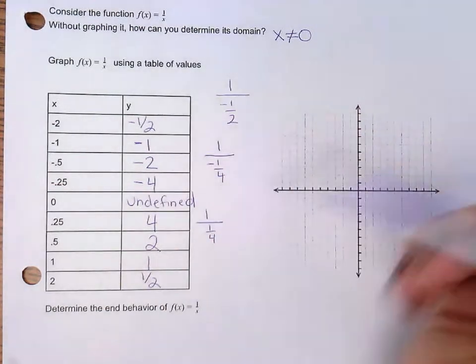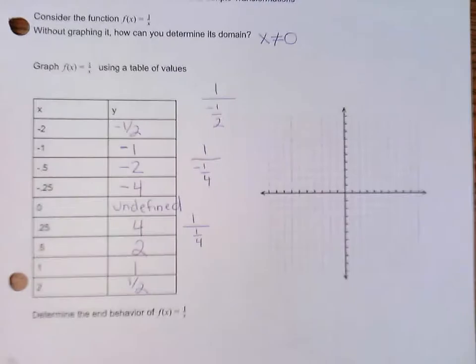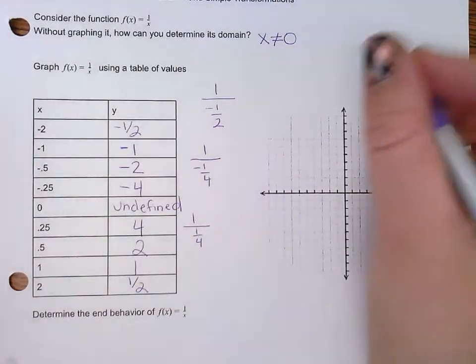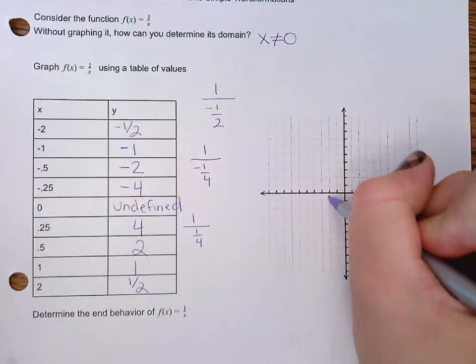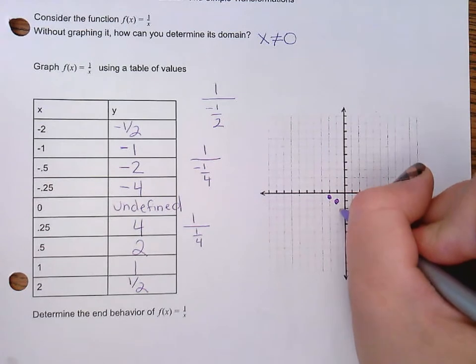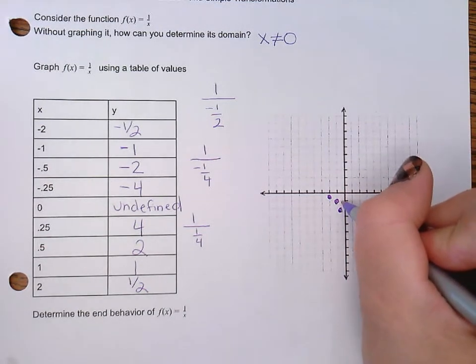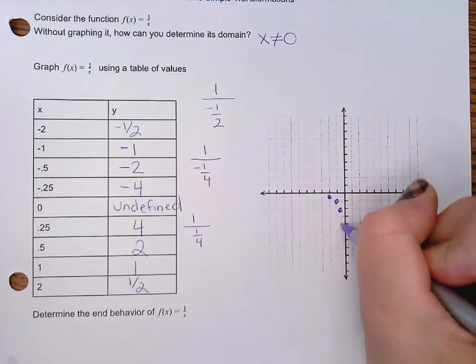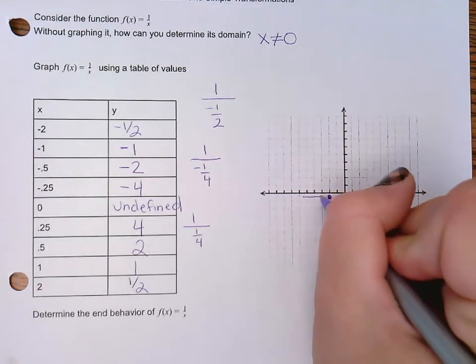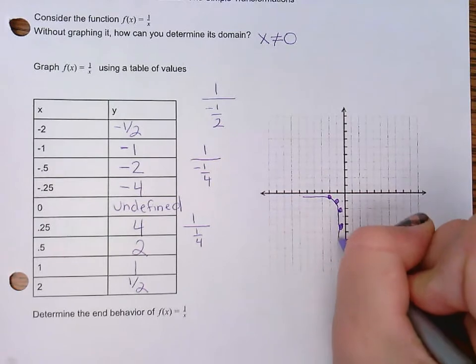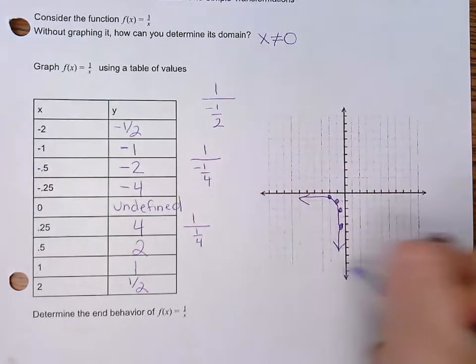I'm seeing some symmetry on either side of the graph, similar to how a parabola has symmetry. All right, so when I plot these points, -2, -1/2, -1, -1, -1/2, -2, and -0.25, -4, this is actually a curved shape of a graph that's down here in the third quadrant.